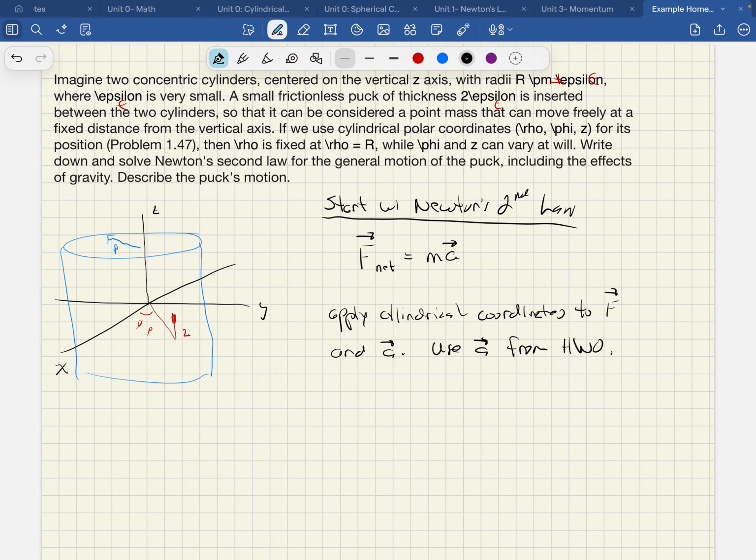In homework 0, we found the acceleration of an object written in cylindrical coordinates.